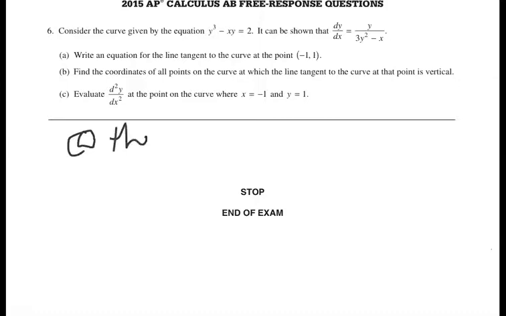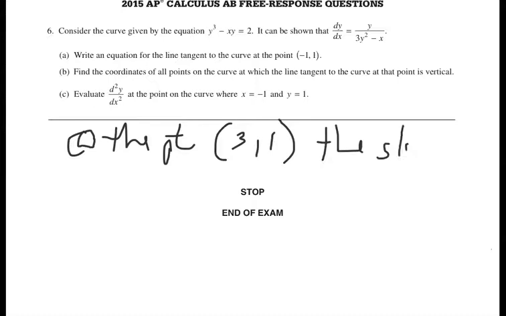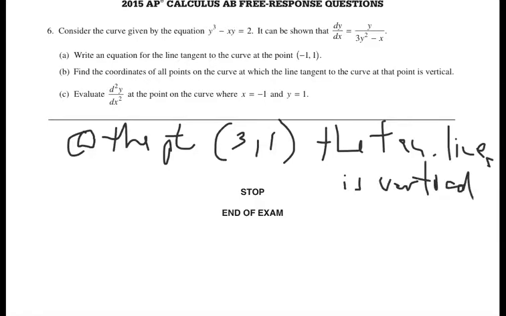At the point (3, -1), the slope of the tangent line, I shouldn't say the slope, my bad, that would be wrong. I'm not allowed to say the slope. You should just say the tangent line is vertical. And part B is done.